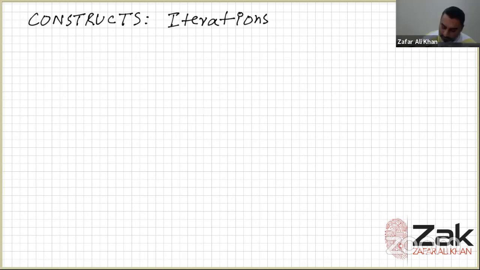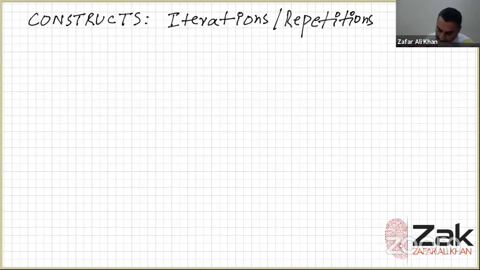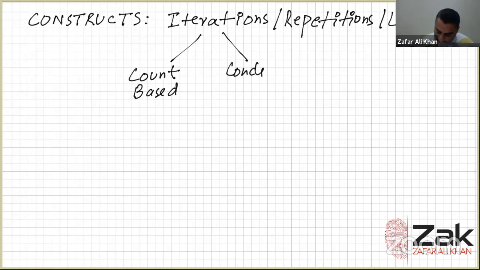And we sometimes call them repetition, or famously we call them loops. Now, these iterations are of two types. First is count based, and the other is condition based.